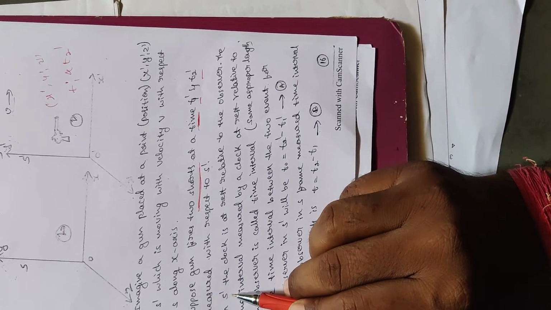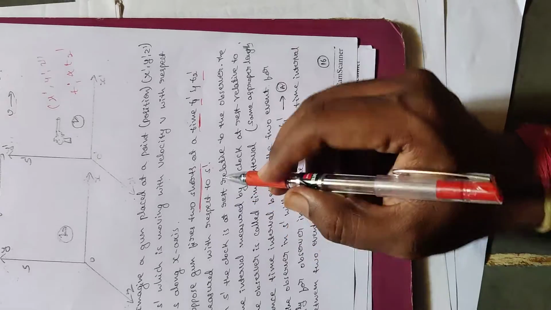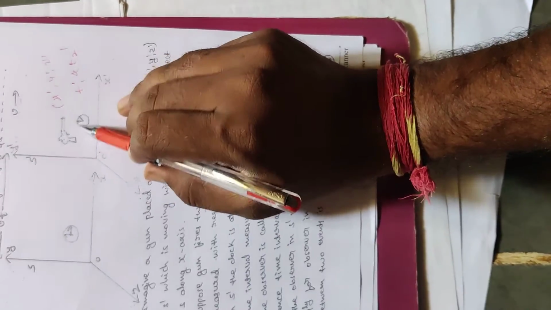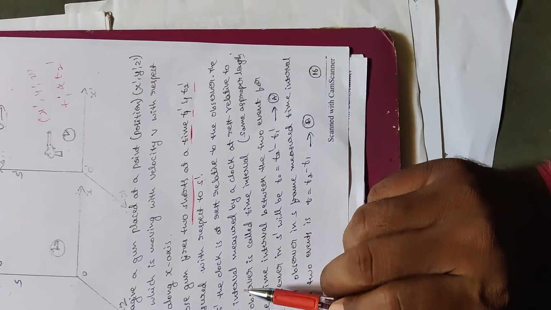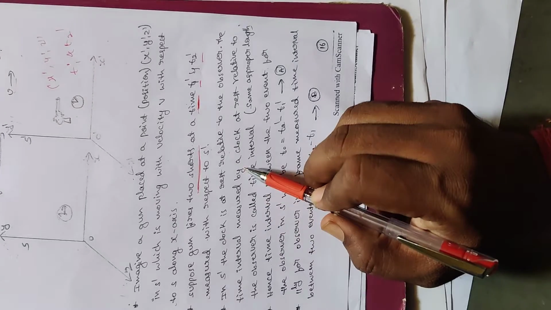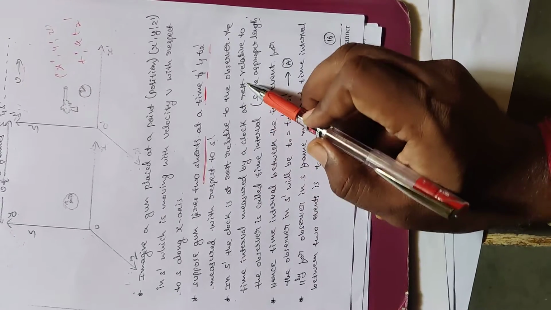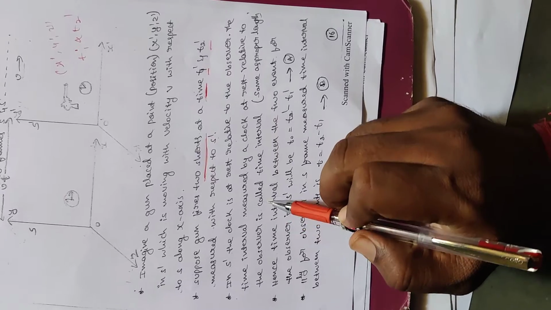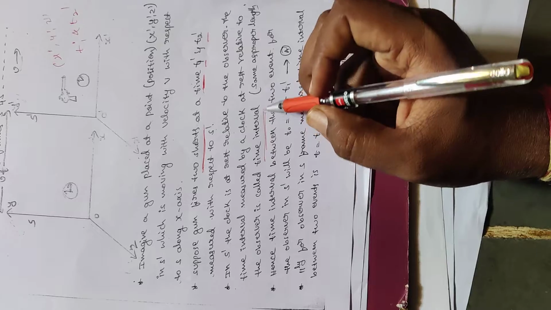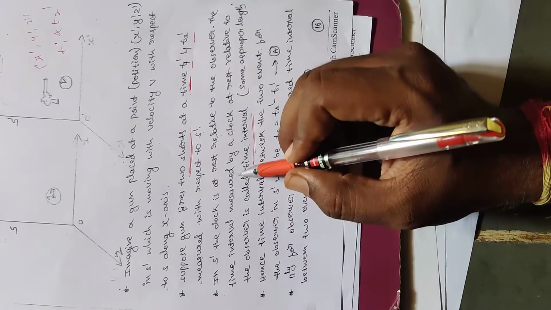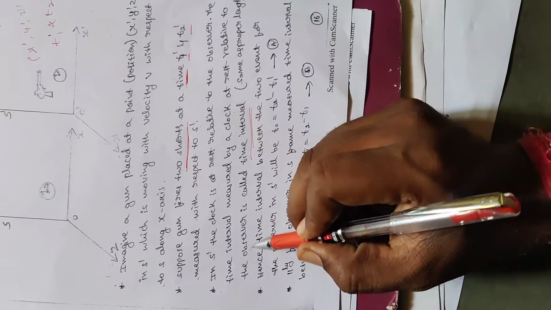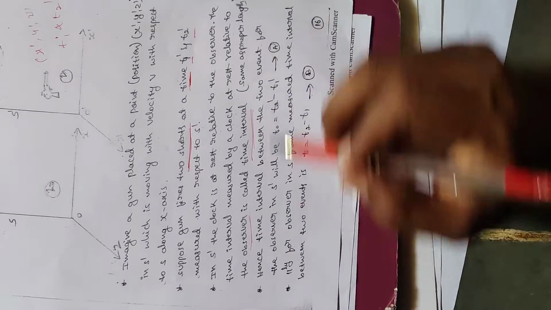Now in S dash, the clock is at rest relative to the observer. The time interval measured by a clock at rest relative to the observer is called proper time interval. It's a 1 mark important question.